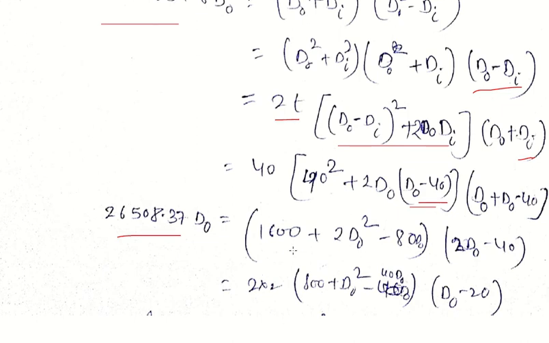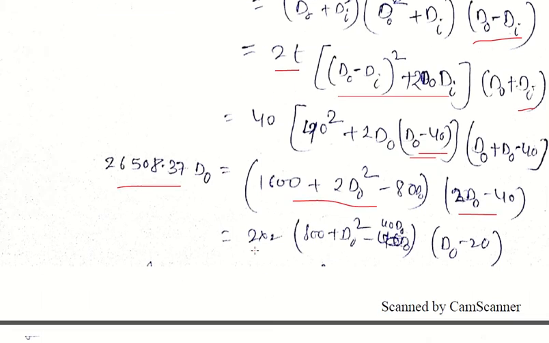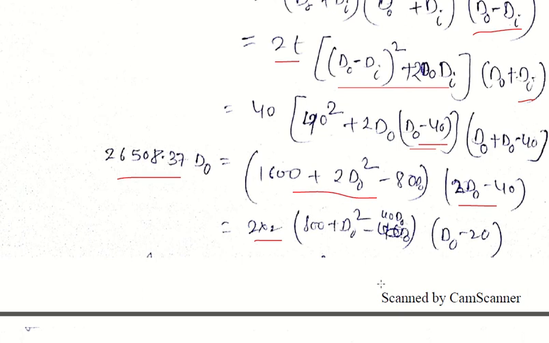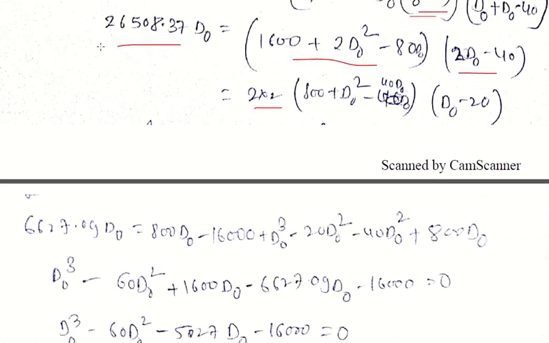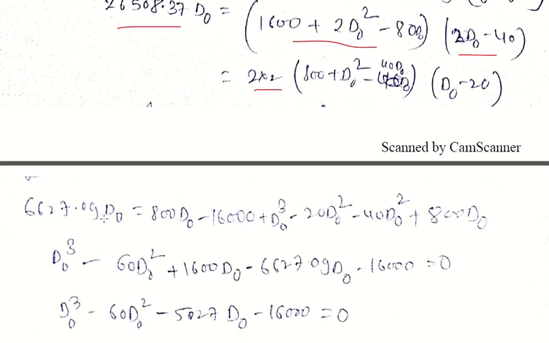Here 2 is common from both, so we divide by 2 from both. Now it's 2 by 2, and this value divided by 4 will give 6627.09.